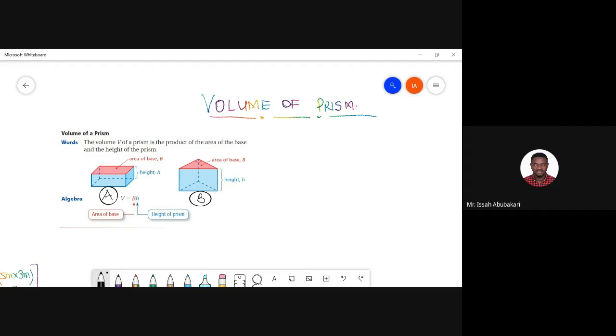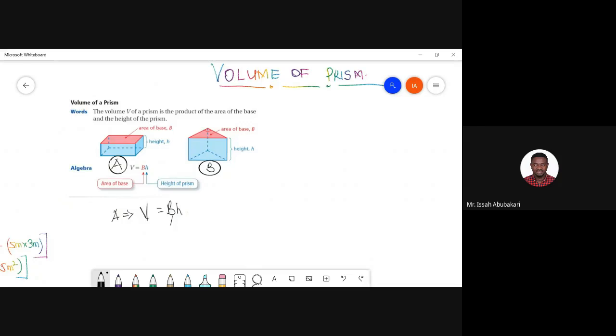For instance, A: the volume is equal to the base area times the height. But this base area is the same as multiplying the length by the width. Is that okay? That will give us the base area.